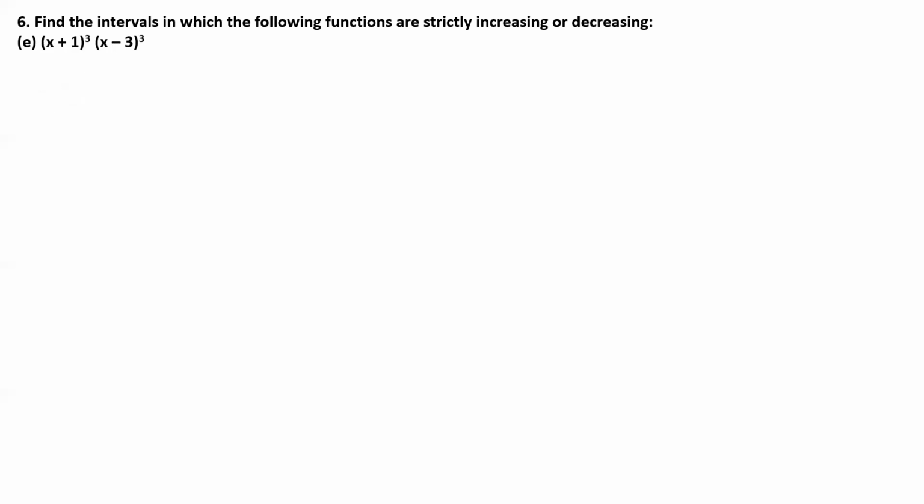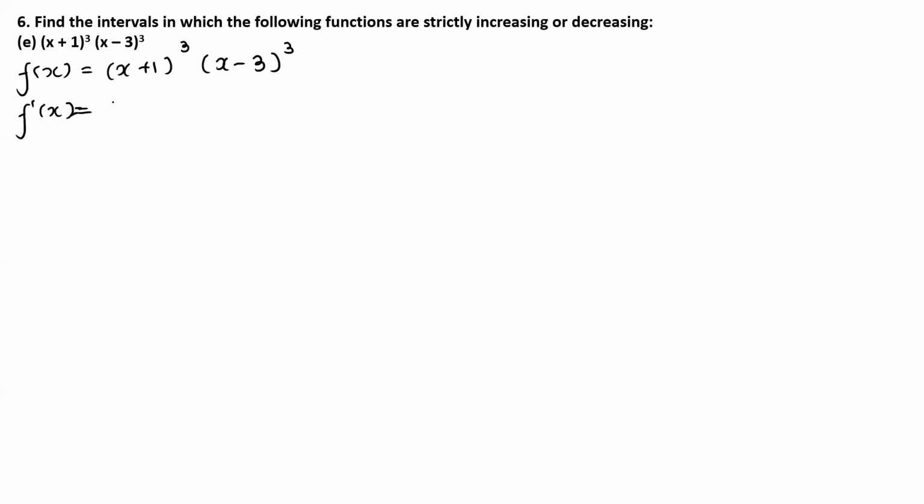Let's do the E part. I have to show you the E part. You can see the power of cube and all. We are not going to open the brackets now. We might solve x plus 1 whole cube, x minus 3 whole cube. F dash x means these two are in product, in multiplication.